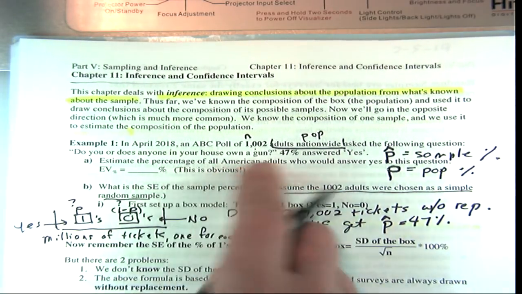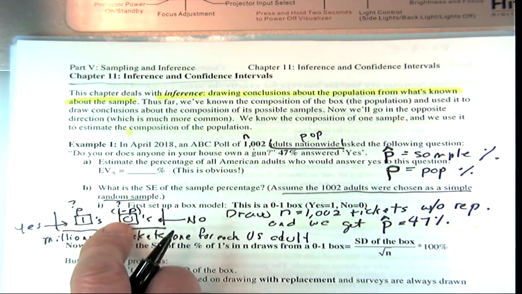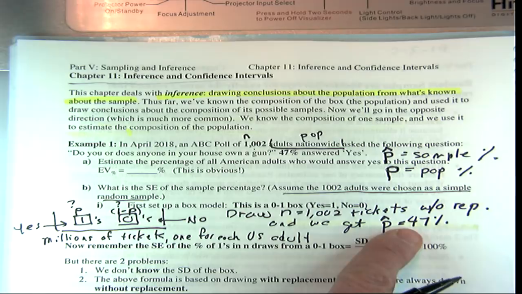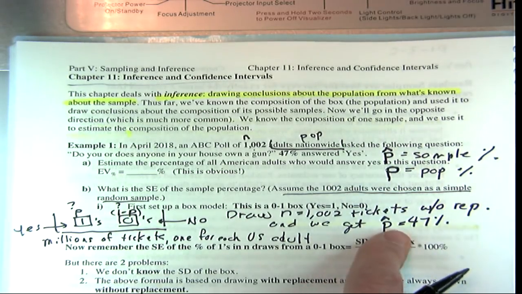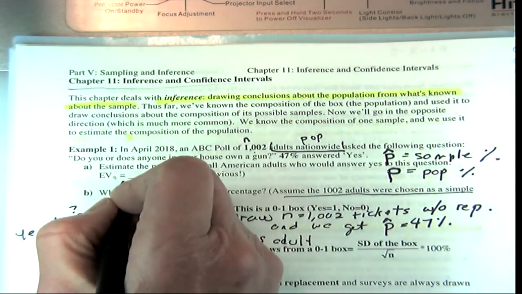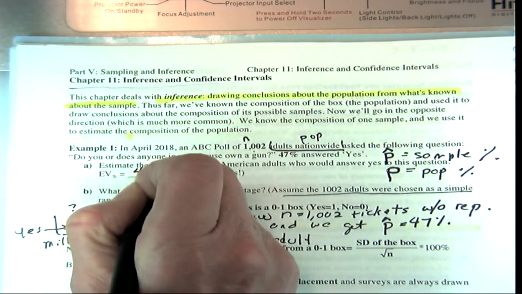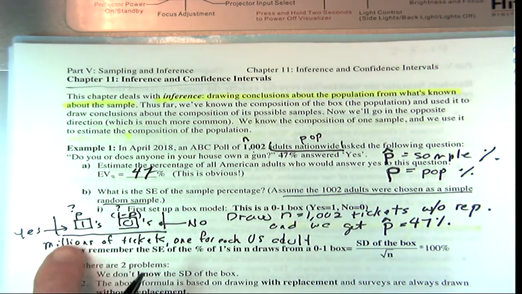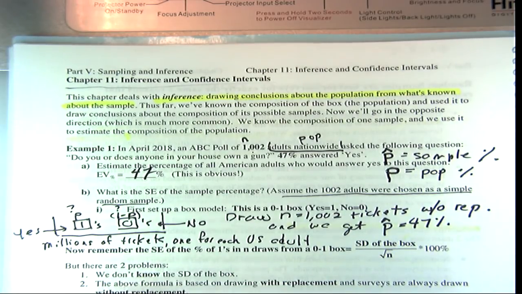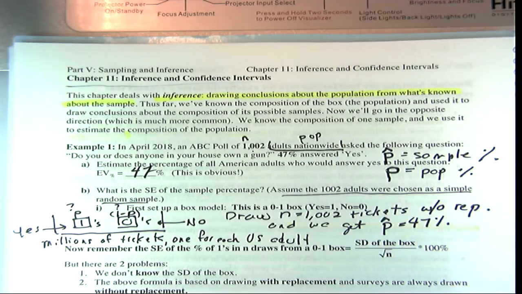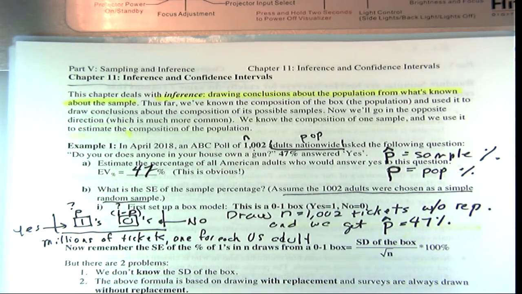If you're going to estimate the percent of all Americans in the box who would answer yes to this question, you're just going to use this as your point estimate. It's pretty obvious that that's what we would use to estimate this P right here. What else would you use, right?